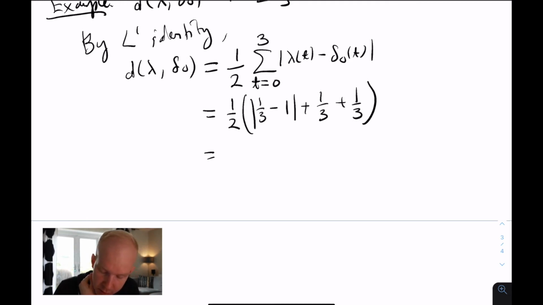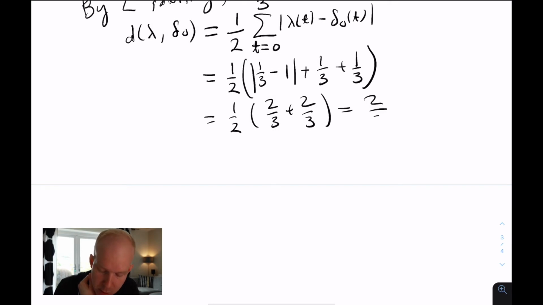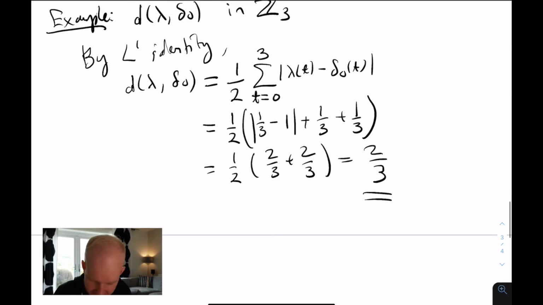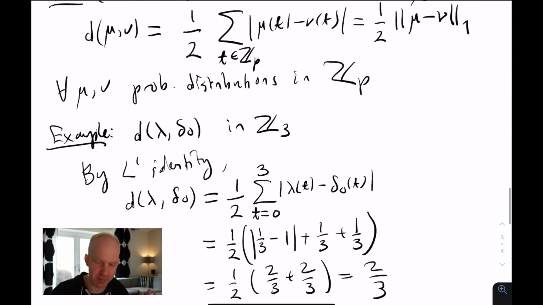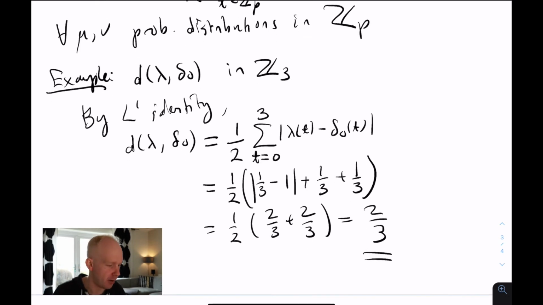So it's 2/3 plus 2/3, so you get half of 2/3 plus 2/3. So this is 2/3, as we claimed. So that's all. You don't need to go through all the subsets. You apply the formula directly without any trouble.